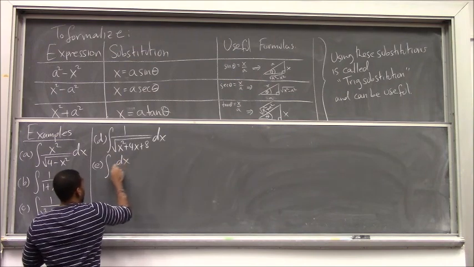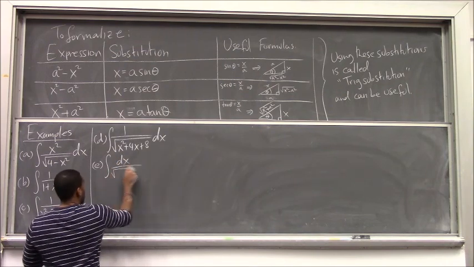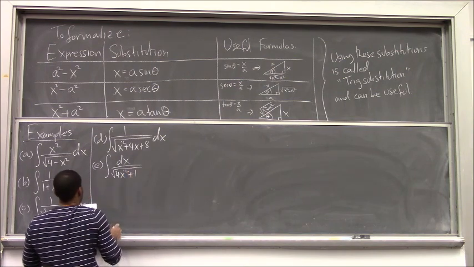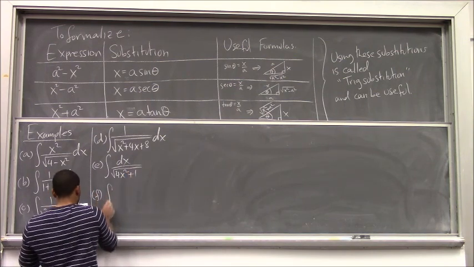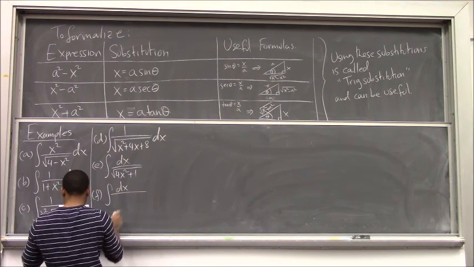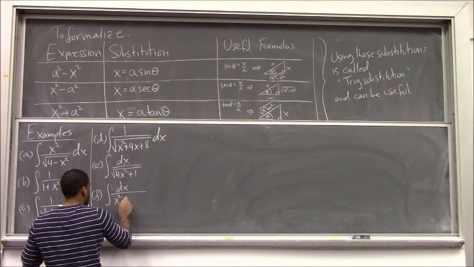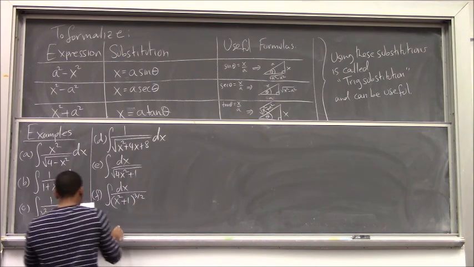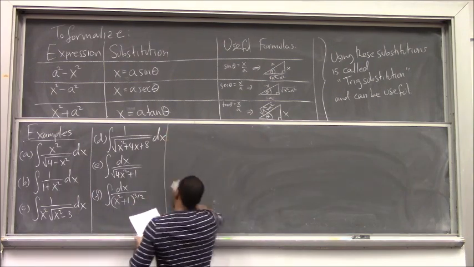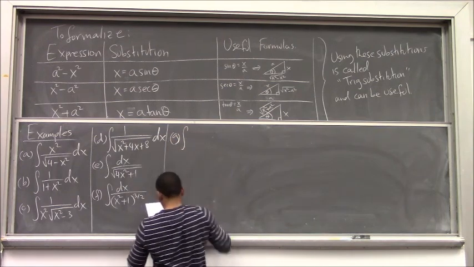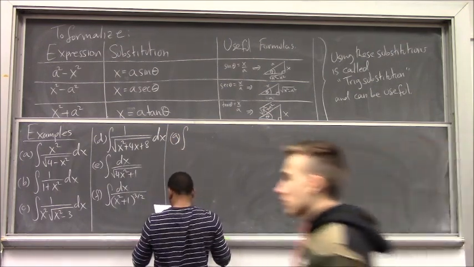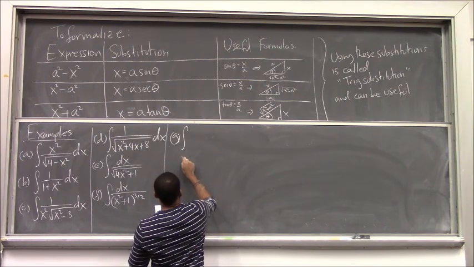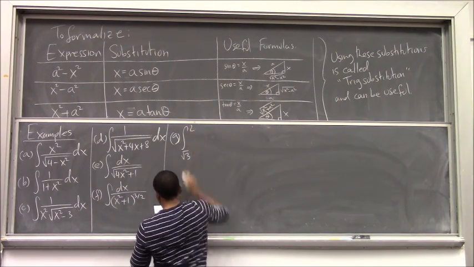We're not going to get through all of these, but whatever we don't finish, you are going to finish up for homework. Square root of 3 over 2.